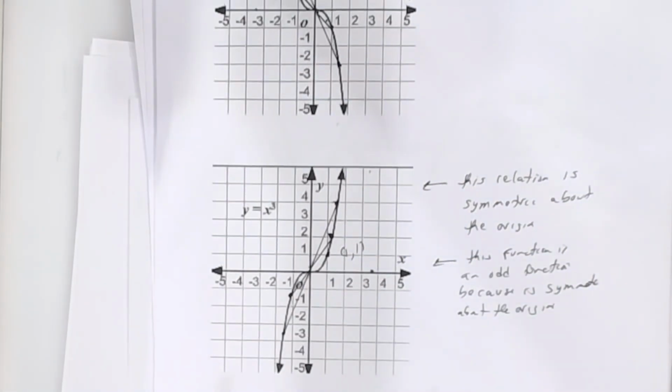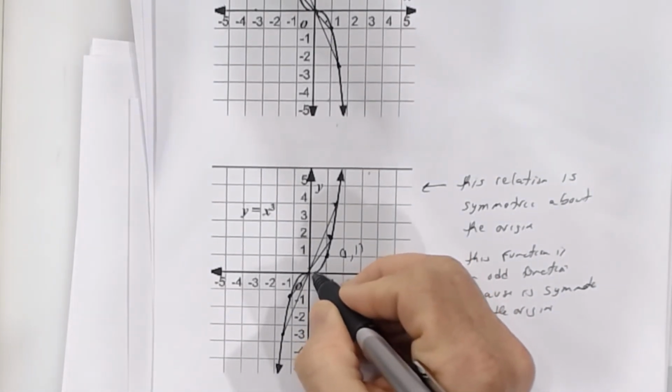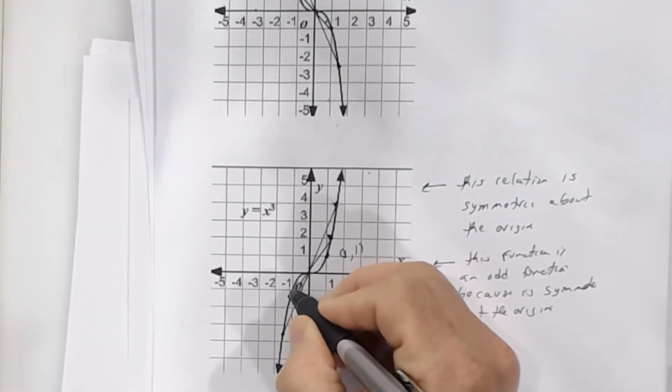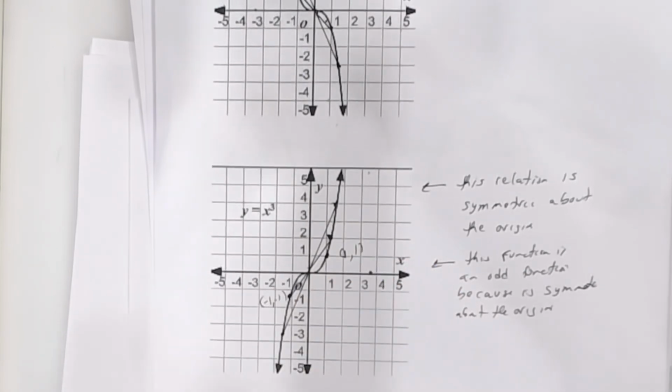If I take 1, 1 and I reflect it about the origin, I get what other point? Negative 1, negative 1. All right, so what can you tell me about the x coordinates and the y coordinates? They're opposites.